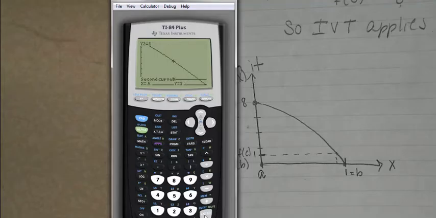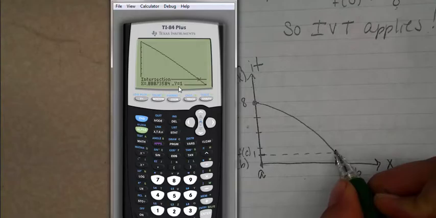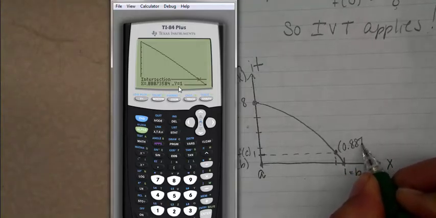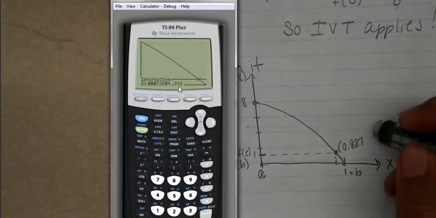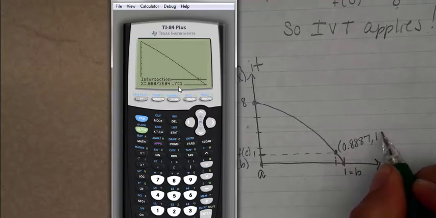First curve, second curve, best guess. So I'm getting x equals 0.8887 when y equals 1. So that tells me that this point right here is 0.8887, and y equals 1.